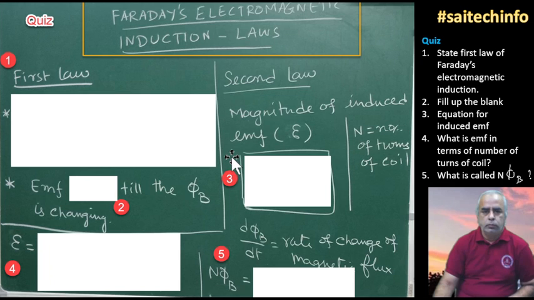Magnitude of induced EMF is given by the expression dash. Question number 4. What is the EMF induced in terms of number of turns of coil? Question number 5. What do you call N phi b, that is the product of number of turns of coil and magnetic flux? So try to get these answers and give them in the comment box.